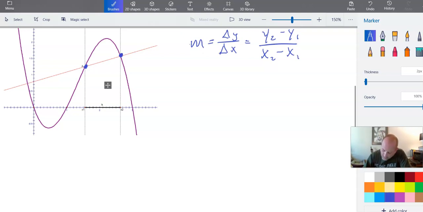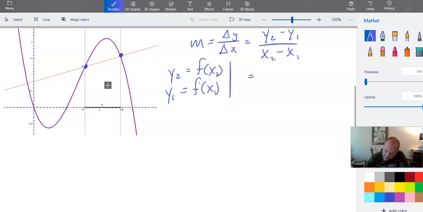So that means that y2 is f of x2, and y1 is f of x1. So we're going to substitute those in. So those things give me that this slope is now f of x2 minus f of x1 over x2 minus x1.